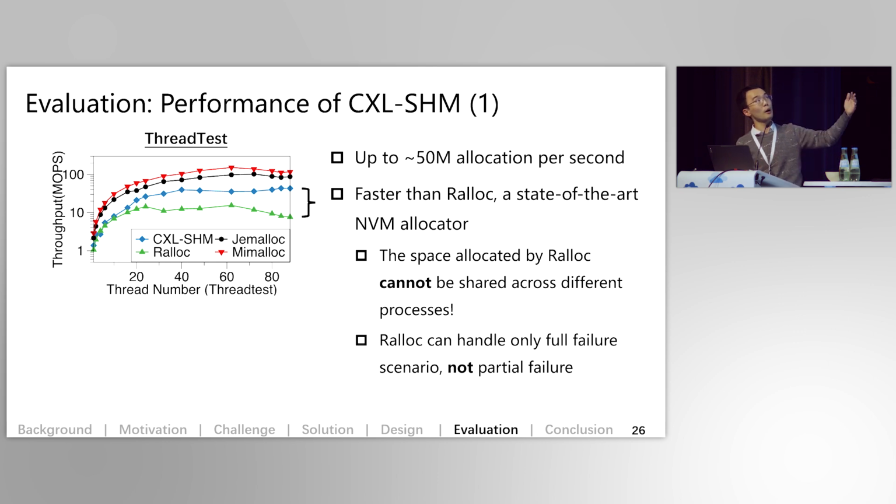We also compare it with Ralloc, which is a state-of-the-art NVM allocator, and the performance of CXL shared memory is much higher than Ralloc. Also, Ralloc does not support sharing of allocated memory spaces, and it can only tolerate full failures, not partial failures. So these are all the benefits of CXL shared memory.